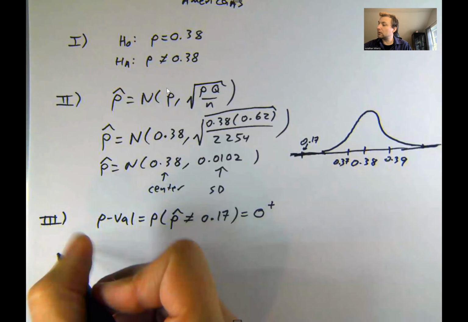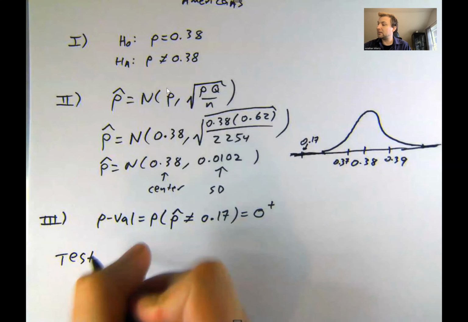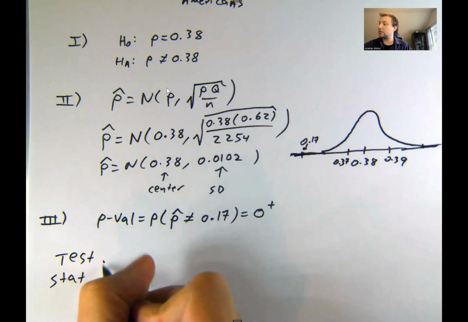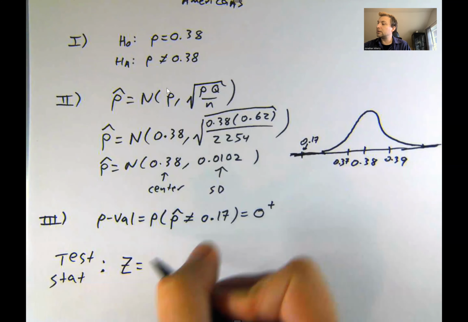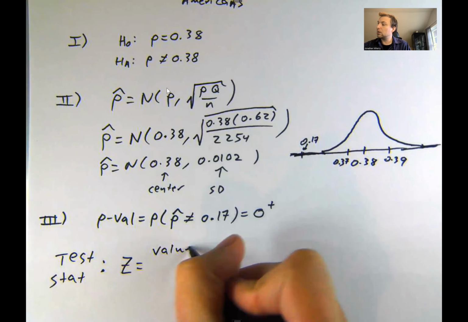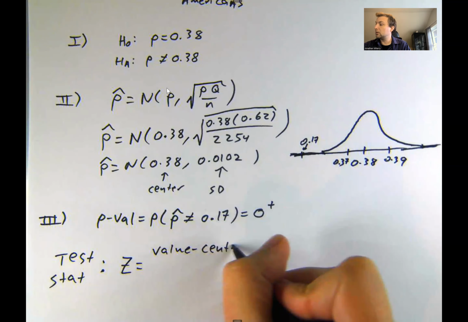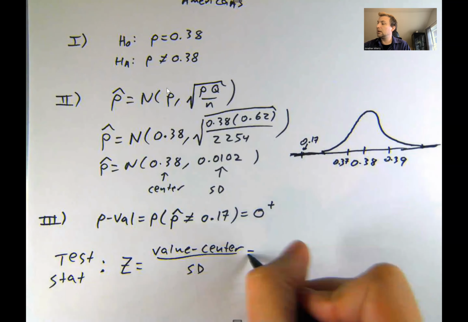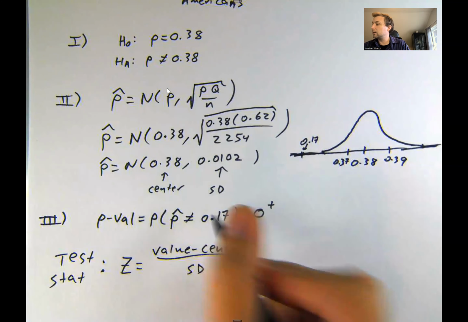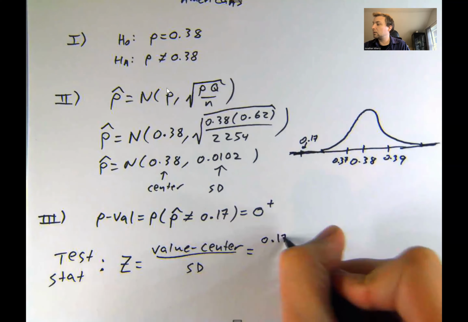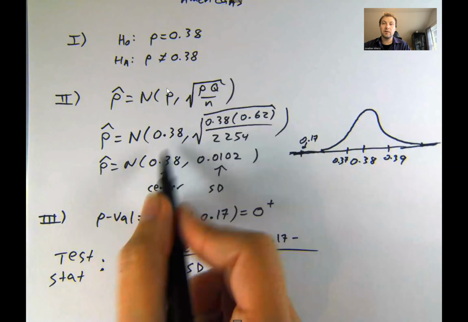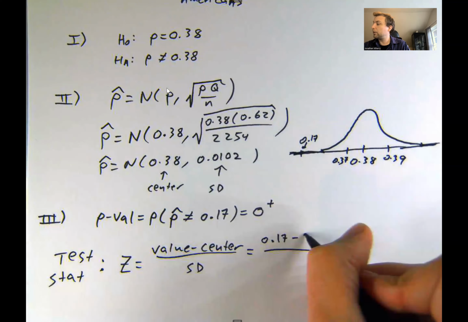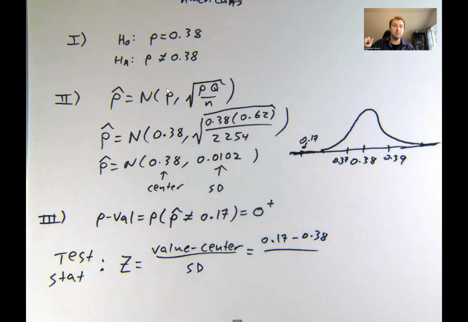So let's find our test statistic. And that's just a fancy way of saying our z-score. Our z-score is our data value minus the center divided by the standard deviation. The value is coming from our data, 17%. The center is coming from our model, 38%. That's our claim.